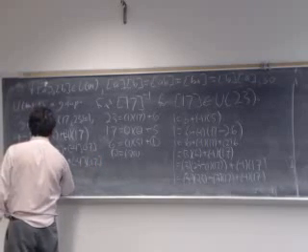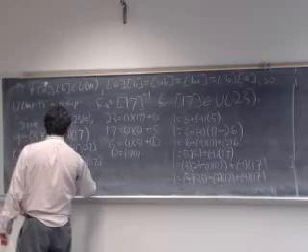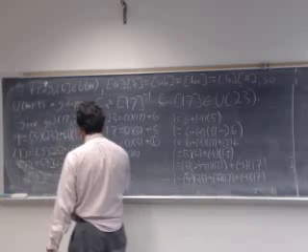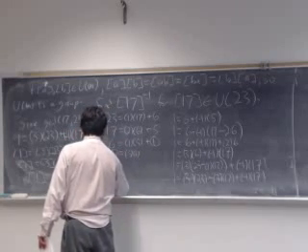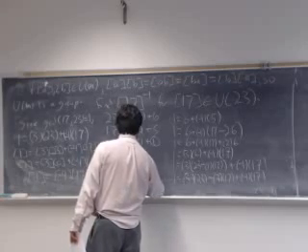So I have 1 is equal to negative 4 times 17. So the inverse of 17 is negative 4.